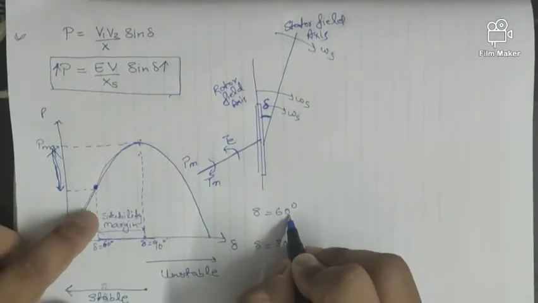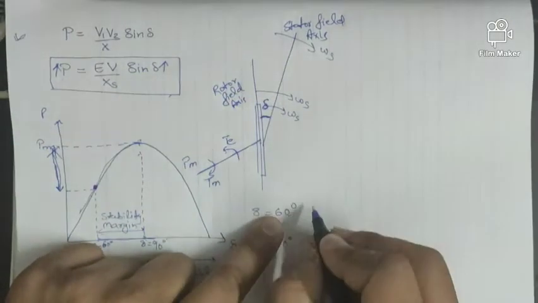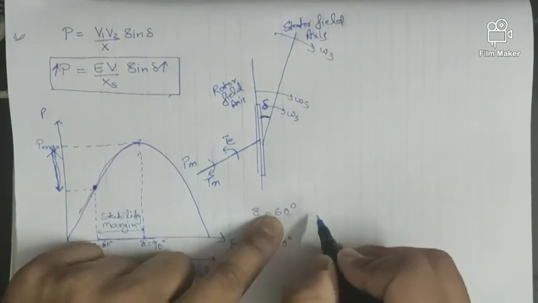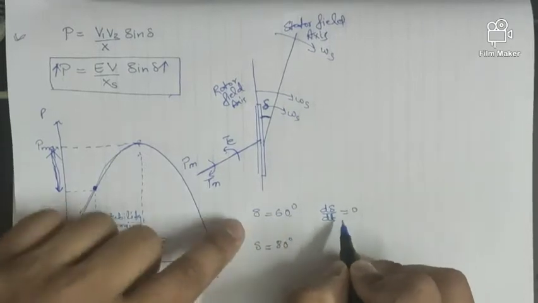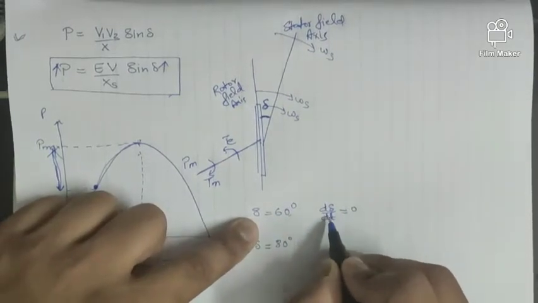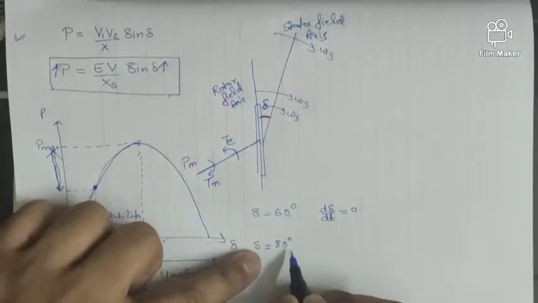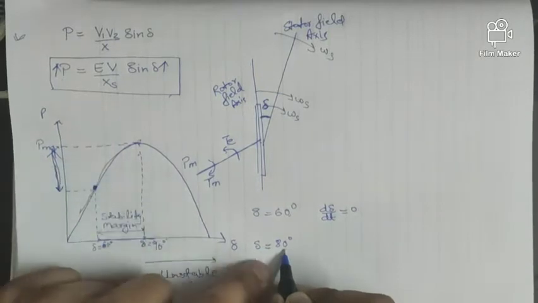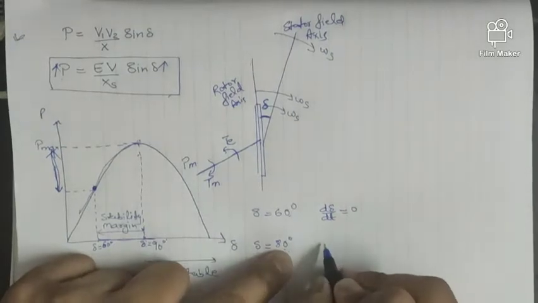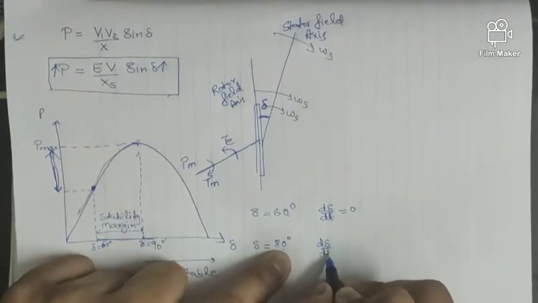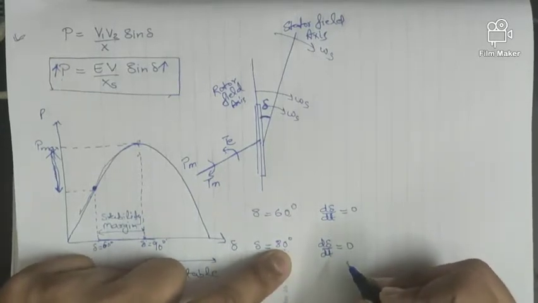When initially the steady state operation was going on, the rotor was rotating at synchronous speed and there was no disturbance. So at that time, the change in rotor angle with respect to time was 0. When a disturbance occurs, this change in rotor angle with respect to time will no more be 0, and after the disturbance gets over, the operating point will reach some new steady state point, say 80 degrees, and again this change in angle with respect to time will become 0, and steady state operation will begin.